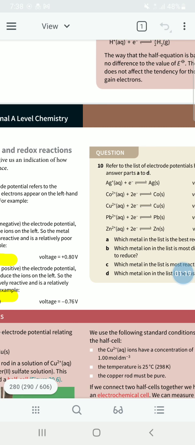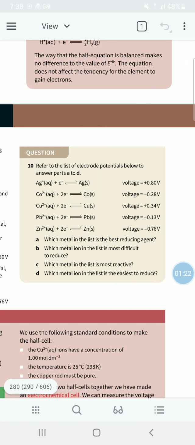So let's try to figure out what these are. The first one is silver ions becoming silver solid, and it has a value of plus 0.80 volt. That means it has a higher positive value.